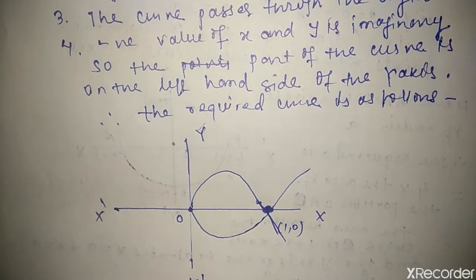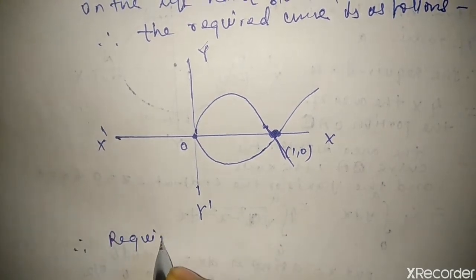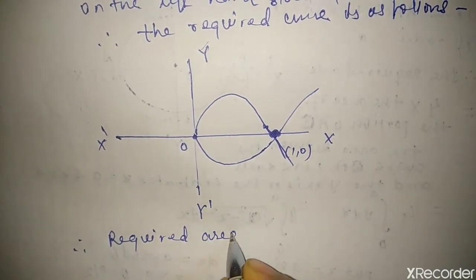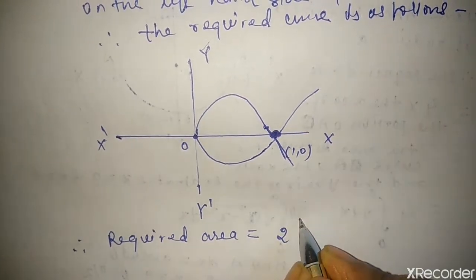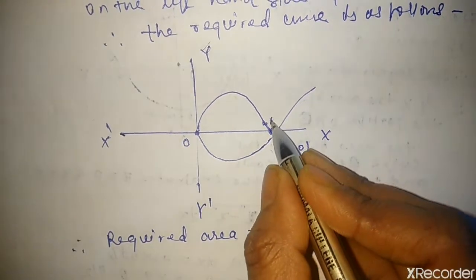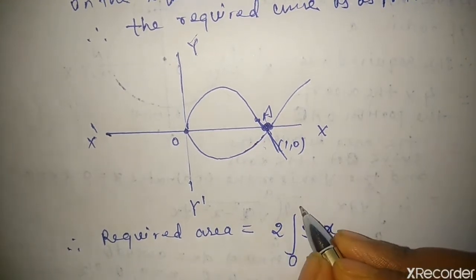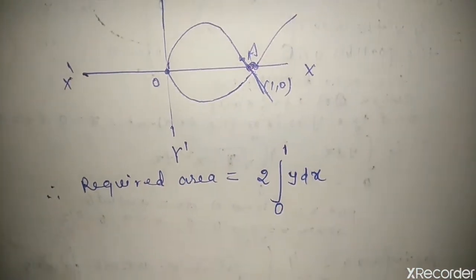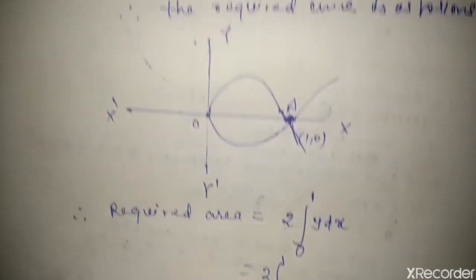Therefore, the required area is 2 times the integration of y dx from 0 to 1, taking the portion OA. Now what is our y?